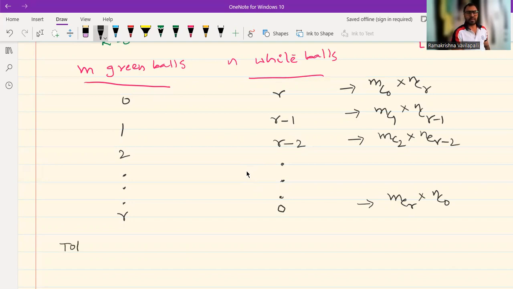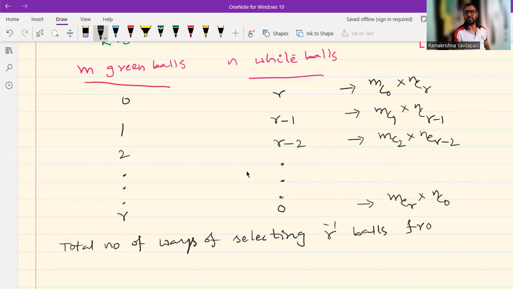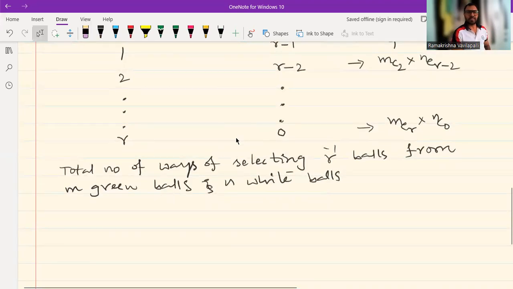So the total number of ways of selecting r balls from m green balls and n white balls is equal to, we are selecting r balls from a total of m plus n.